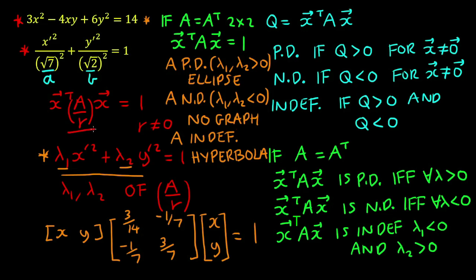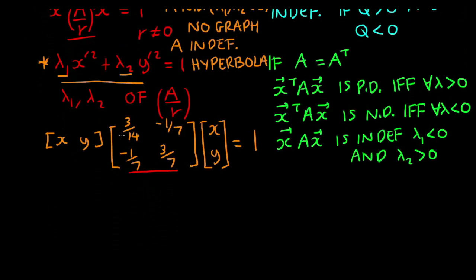So this is our matrix. So to get rid of the cross terms, you'd find the eigenvalues of this matrix. So these would be 1 on 7 and 1 on 2.